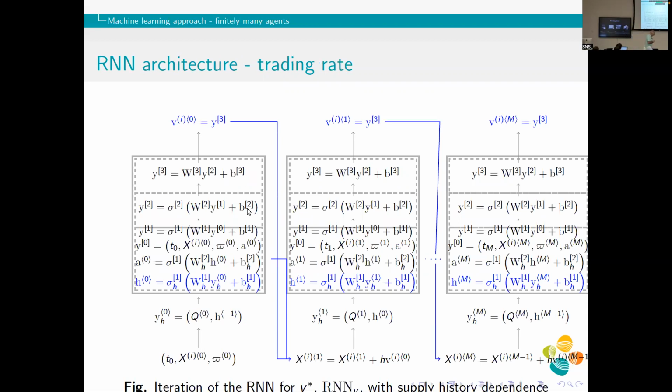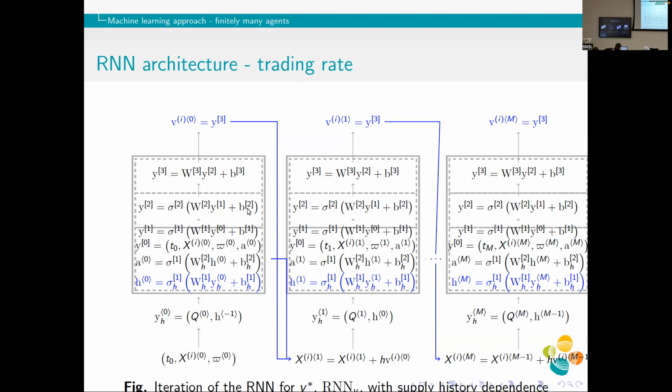So what we did was to look at recurrent neural networks. The idea of a recurrent neural network is that you have a single neural network that's repeated. This is the same neural network, this is the same neural network. And what goes inside this neural network is the supply at the respective time.